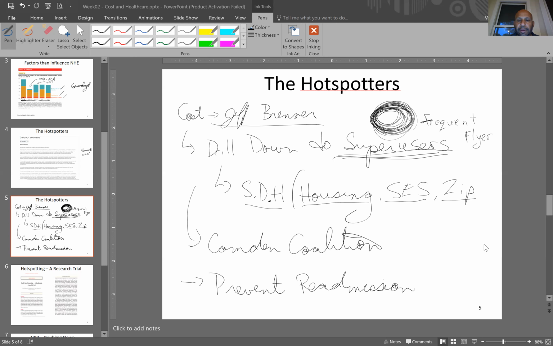And yet, it didn't deter their team from creating the Camden Coalition, as you'll read about. And the Camden Coalition is just a fascinating group, from my perspective, of entities that pool their resources to focus on the high users, the super users, the frequent flyers.